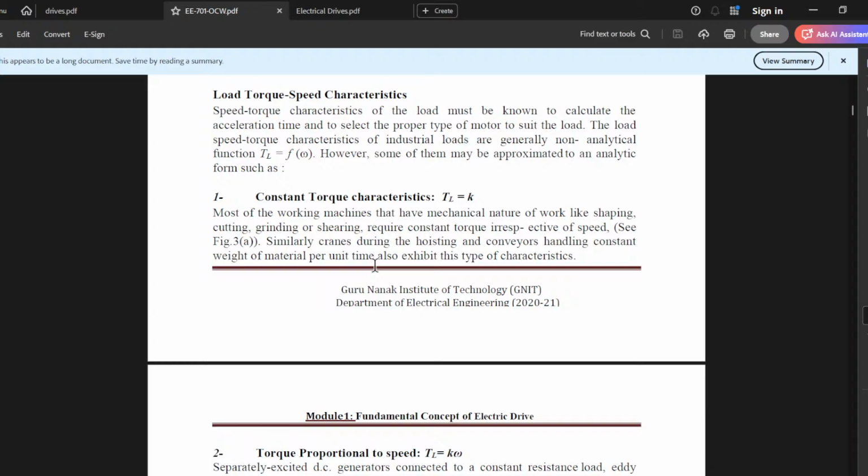Similarly, cranes during hoisting and conveyors handling the weight require constant torque, with constant weight of material per unit.